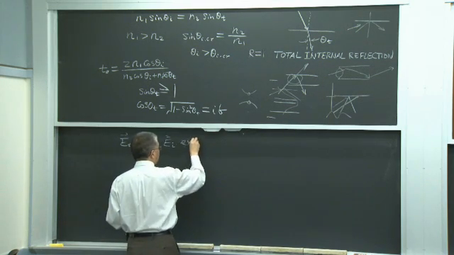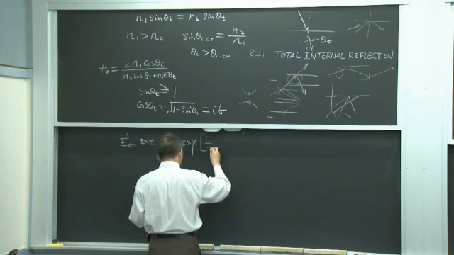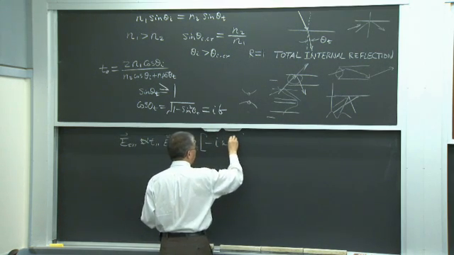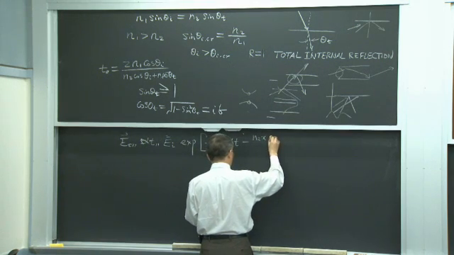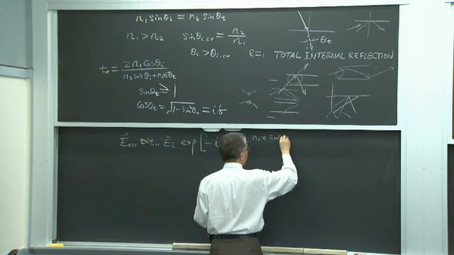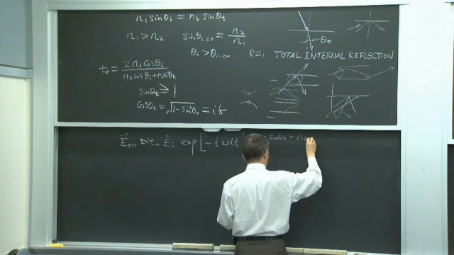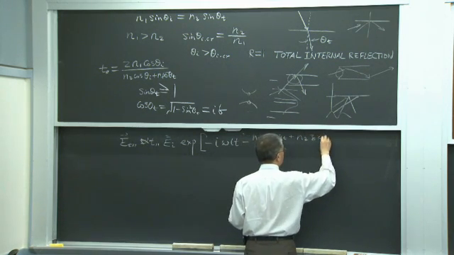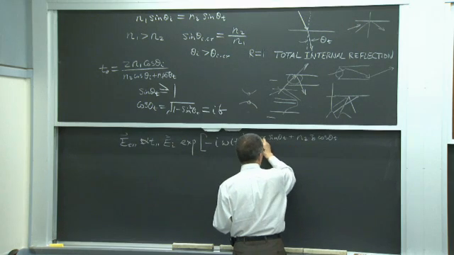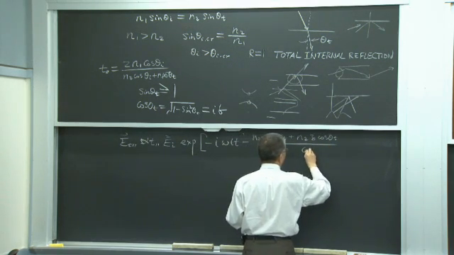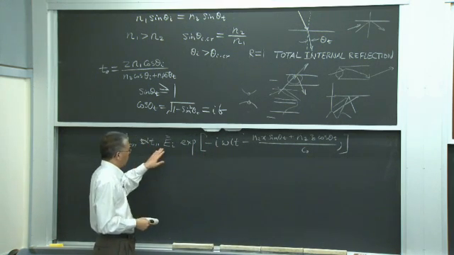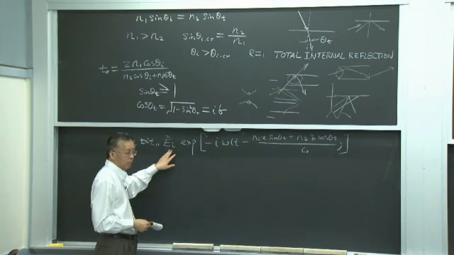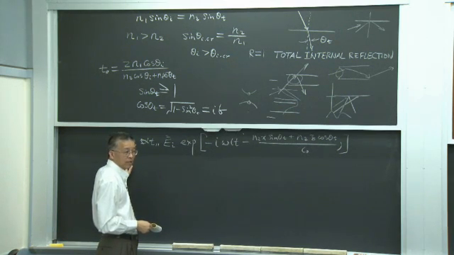And then I have my exponential phase factor: e to the minus i omega t minus n2 x sine theta_t plus n2 z cosine theta_t over c0. So this is not 0, this is the incident, right? My electric field on the other side is not 0. Okay.